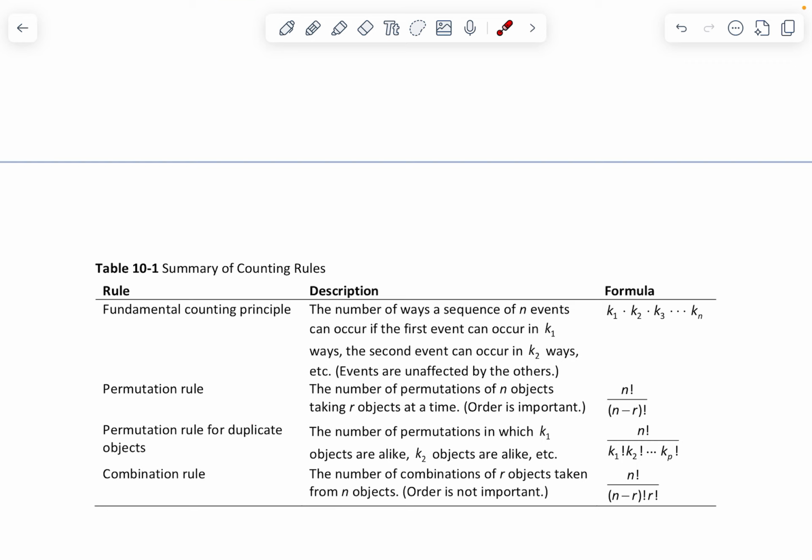So really focus on the fundamental counting principle, the permutation rule, and the combination rule. And again, I would really encourage you to watch that other video on the Brightspace module, which will tell you how to use a calculator and the built-in functionality to do factorials and permutations and combinations.